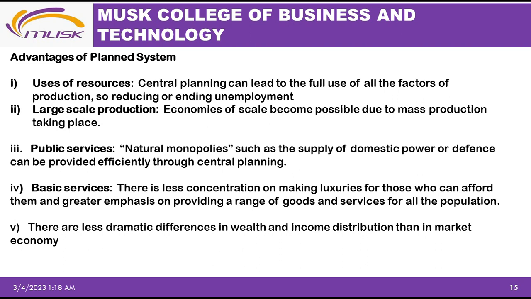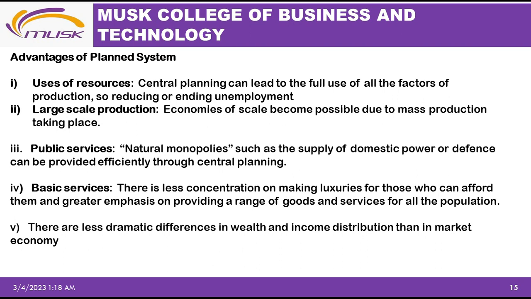Advantages of the planned economic system: use of resources. Central planning can lead to the full utilization of the factors of production. And then also, through the government giving directions, we may be able to have large scale production and public services. Natural monopolies such as supply of domestic power and defense can be provided efficiently through central planning.